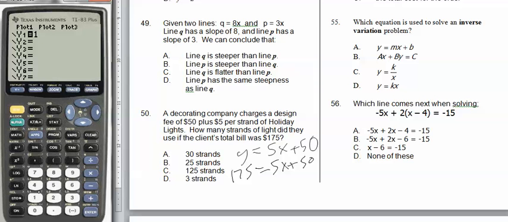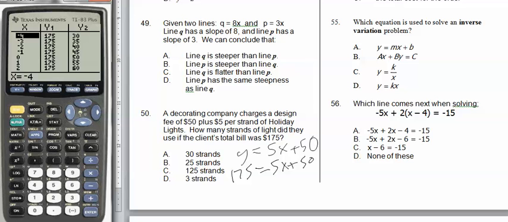We could do this by hand, or we could go into y equals and do 175 and 5x plus 50 and see where it equals 175. At 25.